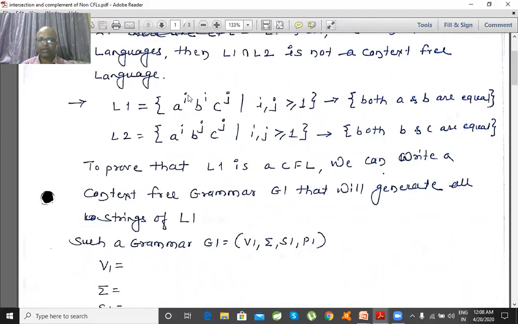L1 is a raised to i, b raised to i and c raised to j, where i and j change from 1 to infinity. Both a and b are equal, while c changes from 1 to infinity.